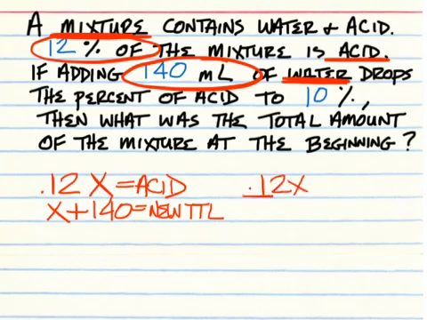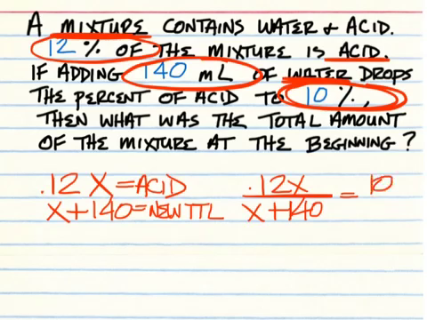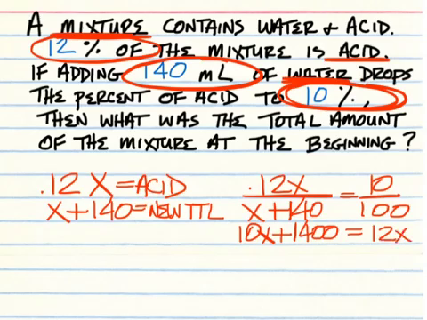Divide the amount of acid by the new total and set it equal to the new percent of acid, which is 10%. We make that 10 over 100. Cross multiply to get 10x plus 1400 and set that equal to 12x.